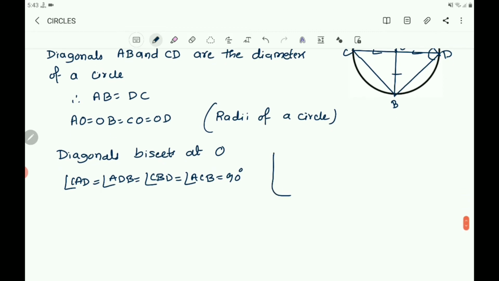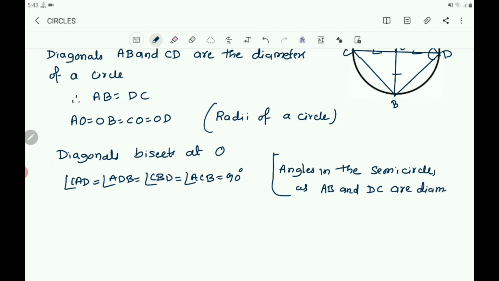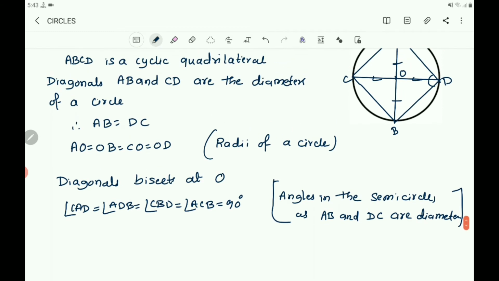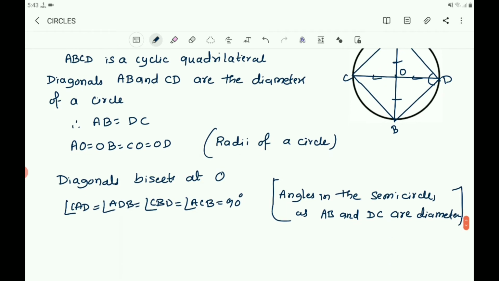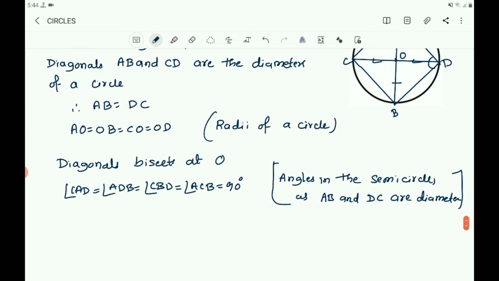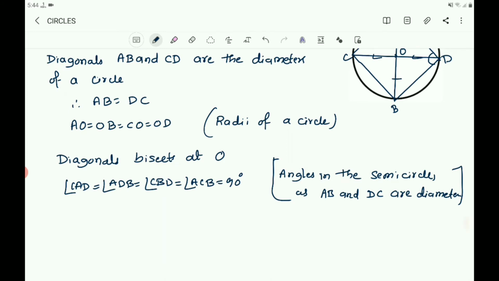They are the angles in the semicircles as AB and DC are diameters. Therefore, here what we can conclude? Here ABCD is a quadrilateral in which the diagonals are equal, diagonals bisect each other and also all the angles are right angles.